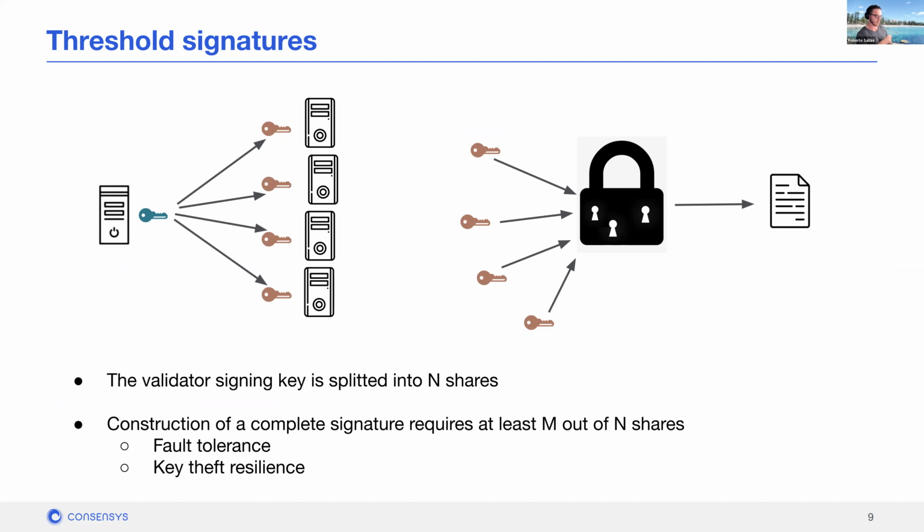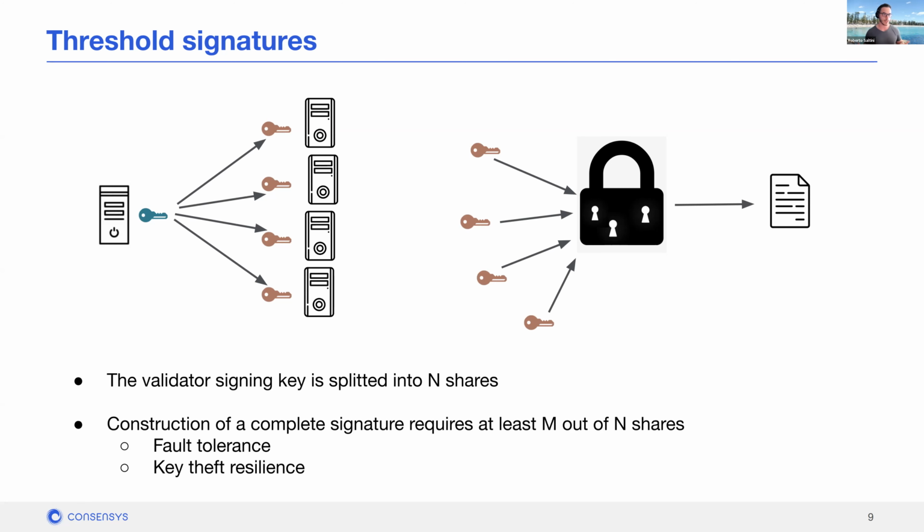One of the properties is that you need at least m out of the n shares in order to be able to reconstruct a valid signature. If you have less than m, you can't, or it's highly improbable that you can construct a valid signature. And this is what essentially provides key theft resilience to the protocol. We'll see later how this interplays with the overall protocol.